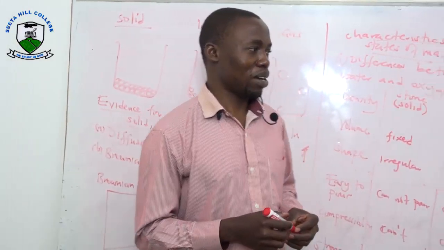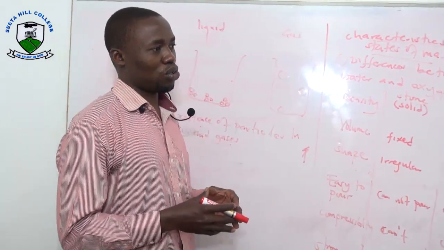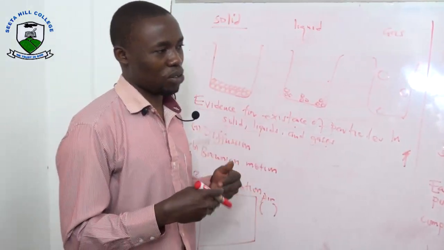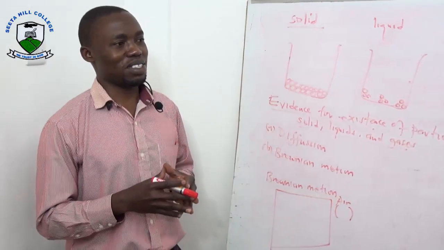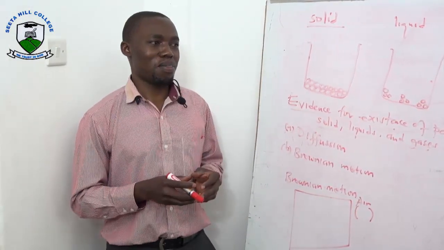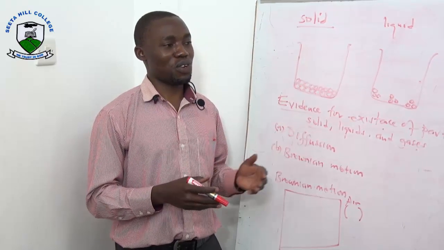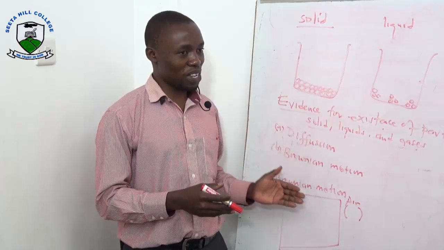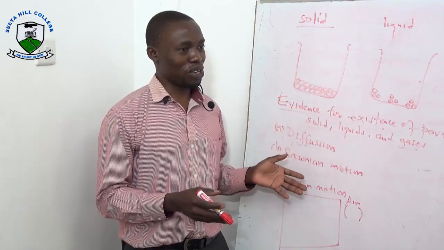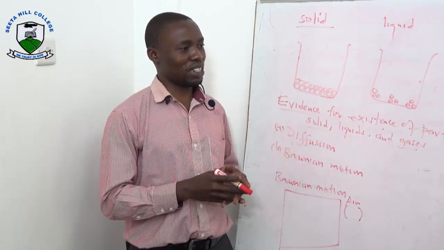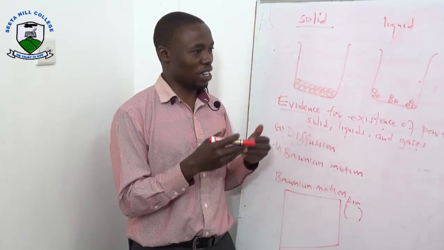Anybody who has picked something from Brownian motion to prove that a gas has particles? Of course, we are on the evidence. We want to know, is it really that a gas has particles, or we just assume that there is air around us? What can prove that?